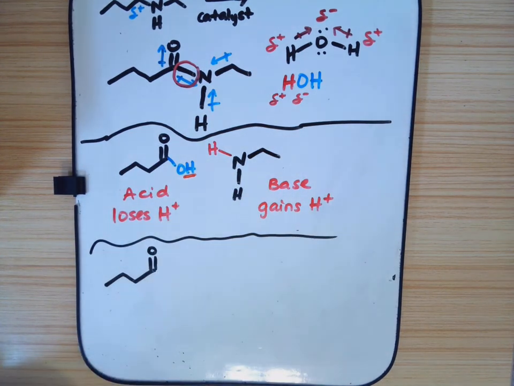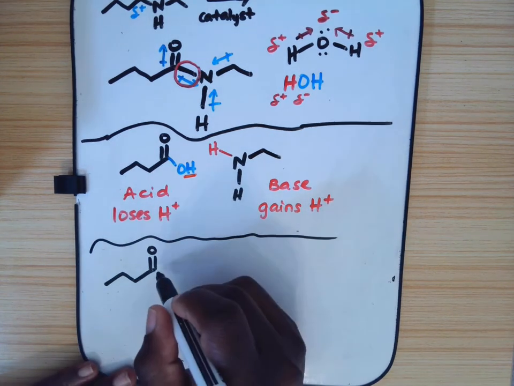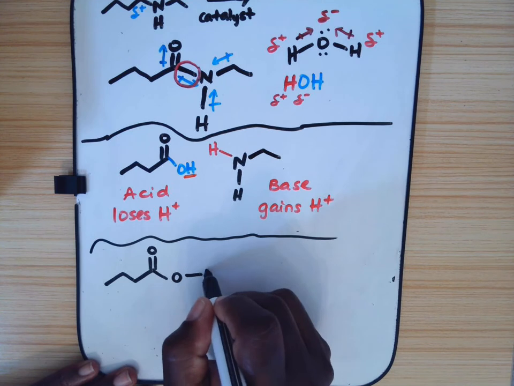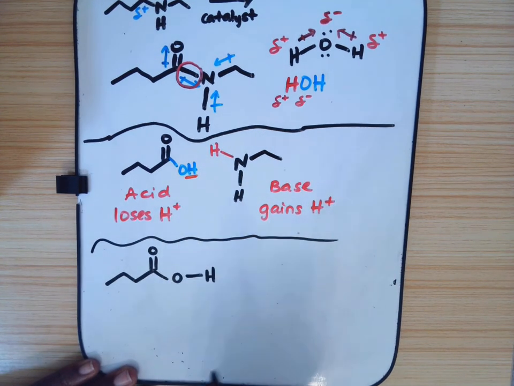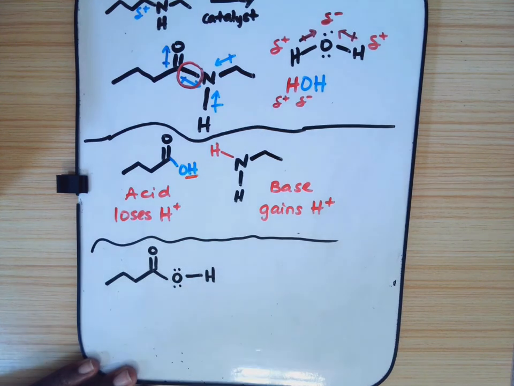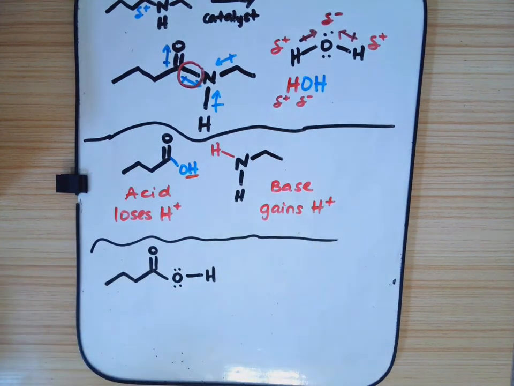carboxylic acid that forms, I'm going to draw the carboxylic acid initially, just so that I can show what I'm talking about. When you see that OH, that is the same thing as saying I have an oxygen with a bond to a hydrogen. When oxygen has 2 bonds, it also has 2 pairs, so a total of 4 non-bonding electrons. When the acid loses the proton, it loses that hydrogen.